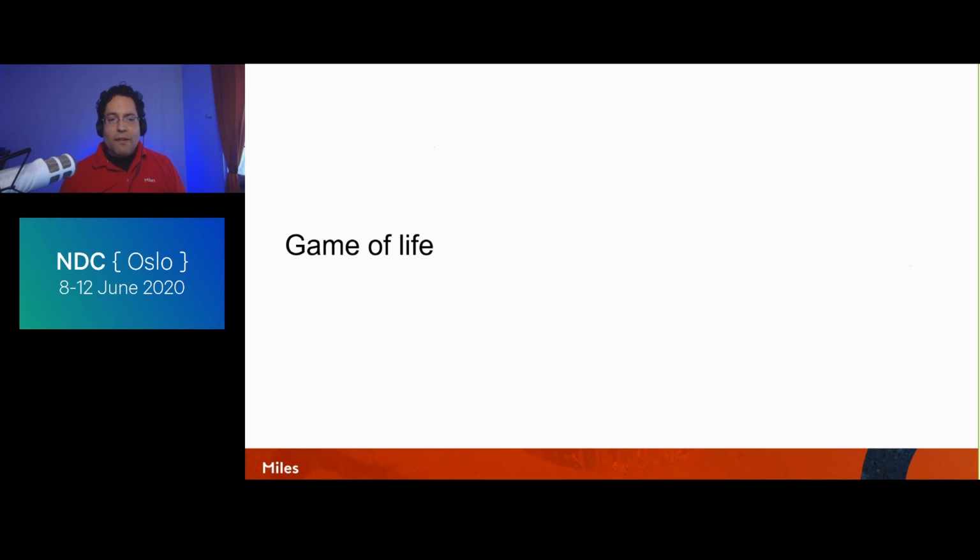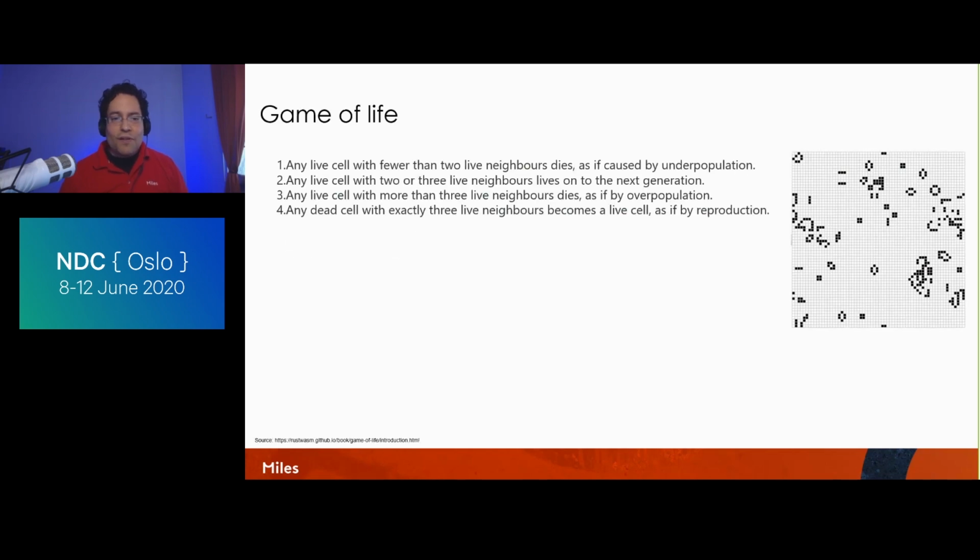So this is an application which is an implementation of Game of Life. For those of you who do not know Game of Life, it is a simulation. You have some rules for your simulation: if you have a live cell with fewer than 2 live neighbors, it will die because it's underpopulated. If you have a live cell with 2 or 3 live neighbors, it will live on to the next generation of our simulation.